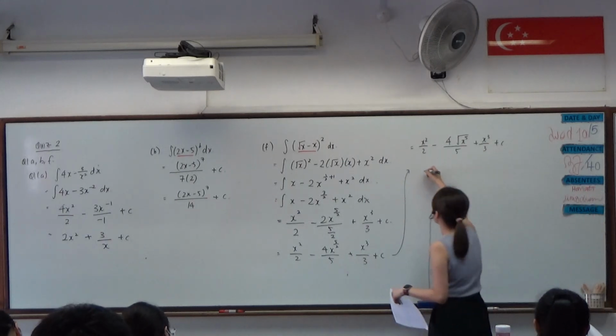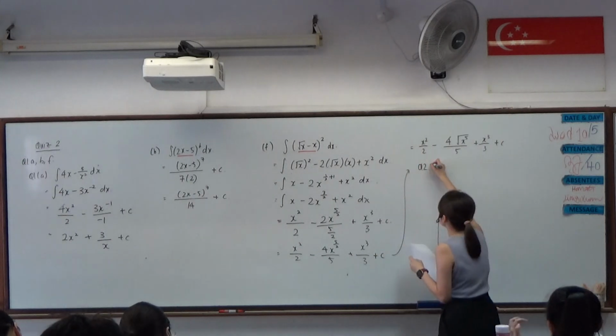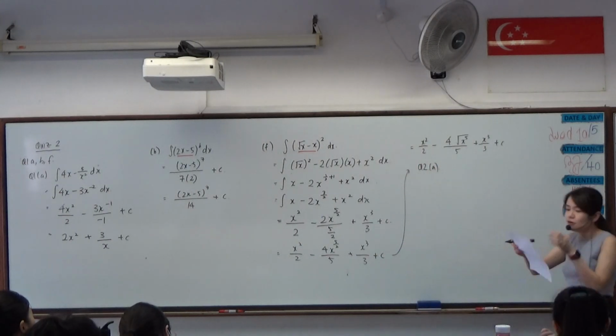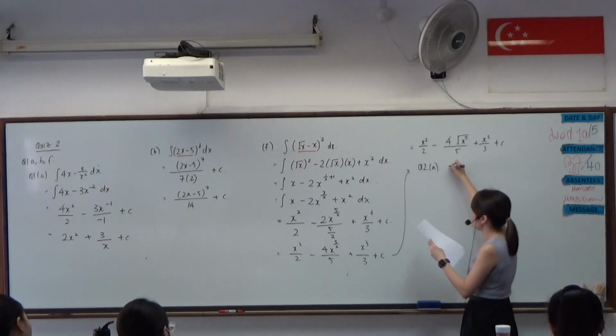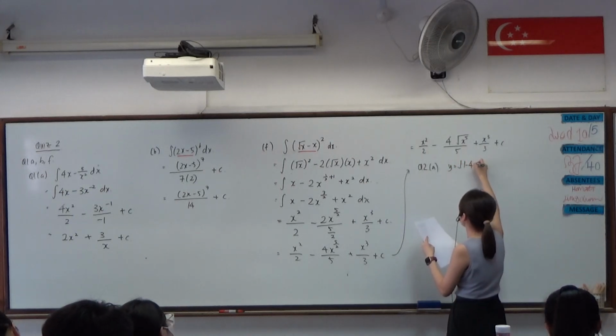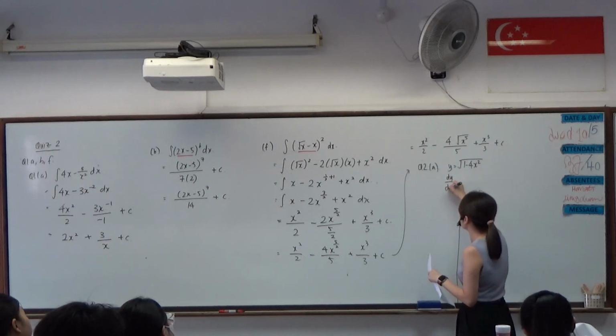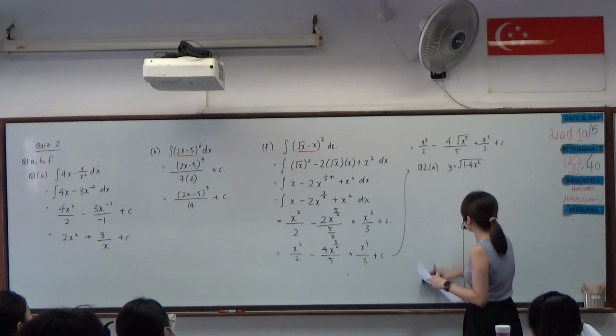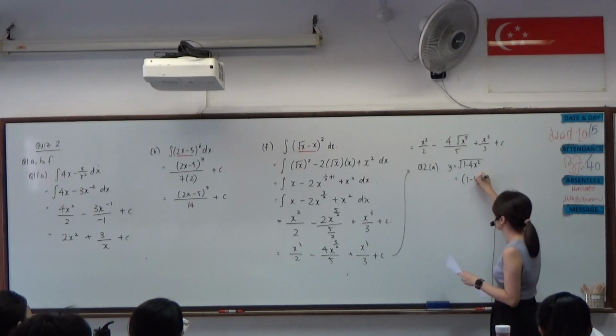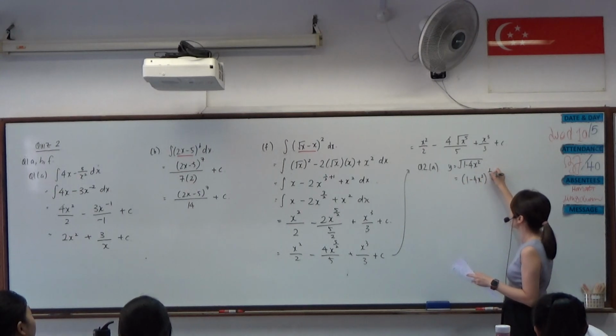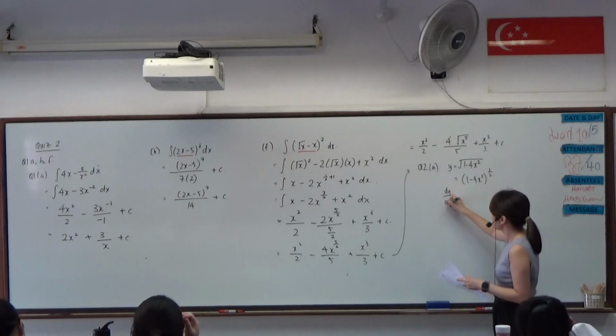The next one I want to do is question 2. For question 2, we are given y equals square root of 1 minus 4x squared, and we want to differentiate this. In order to differentiate this, maybe we can see it as (1 minus 4x squared) to the power of half.